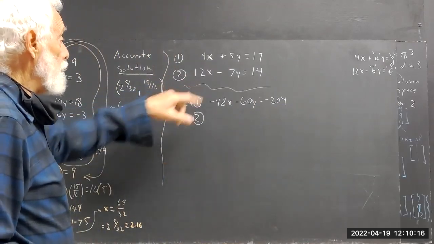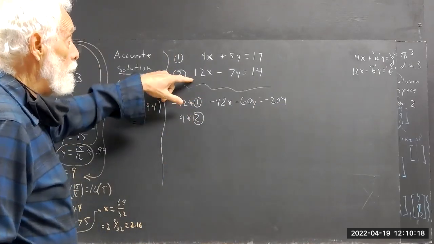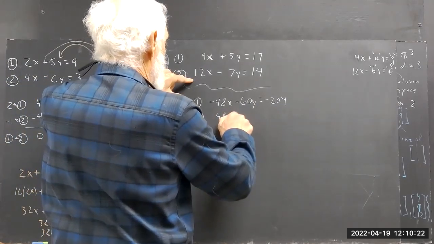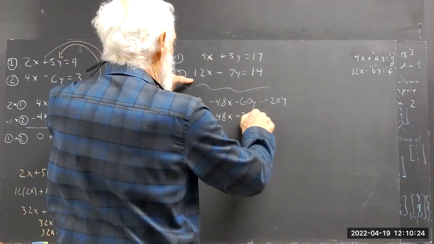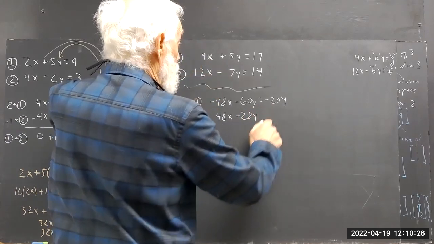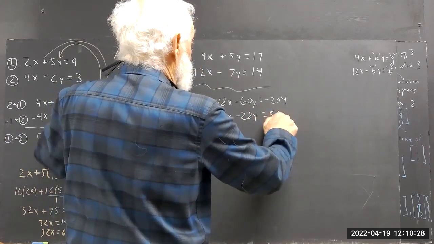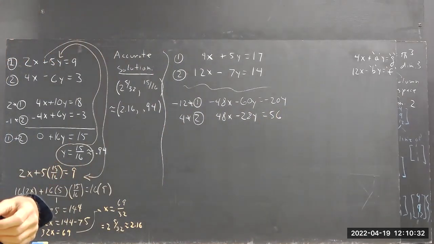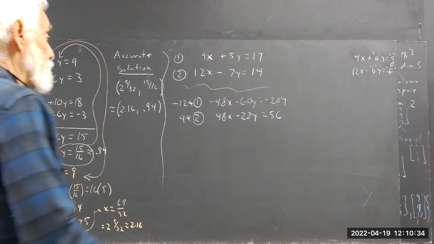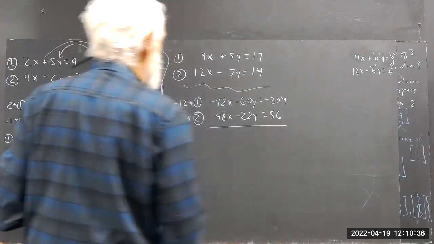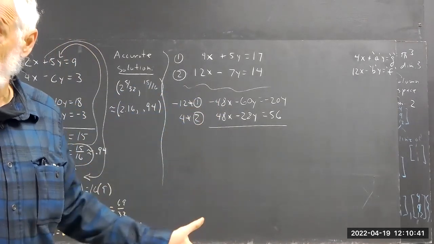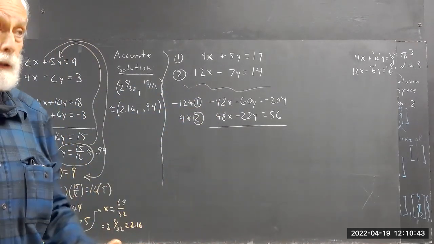Okay. And then the second one, I multiply by 4. 4 times 12 is 48. Four times -7 is -28. 4 times 14 is 56. Now, when I add these, the -48x and the 48x are going to give me 0, aren't they? And that's what I want.